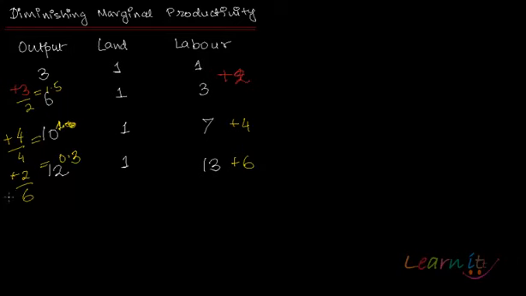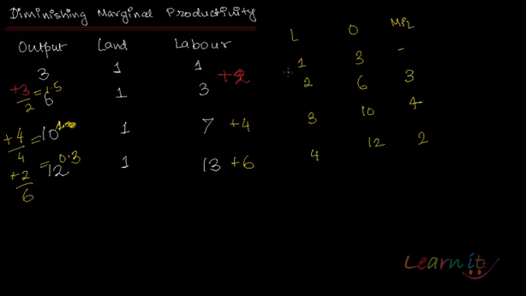You getting the point? If this had been 1, 2, 3, and 4 units of labor, and your output the same, 3, 6, 10, 12, then the marginal productivity of labor would have been 3, then 4, then 2.